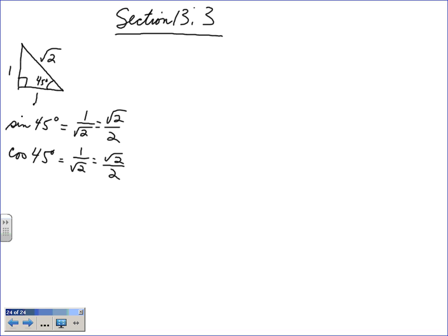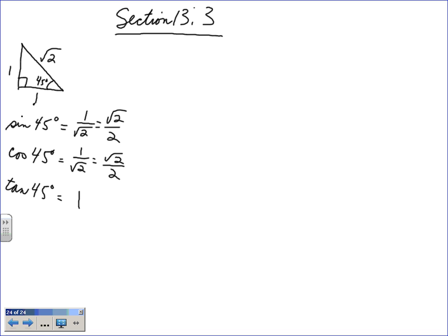What is tangent of 45? 1. Because as we learned yesterday, sine over cosine is equal to tangent. And square root of 2 over 2 over square root of 2 over 2 is 1. So we're making some generalizations about these special angles.